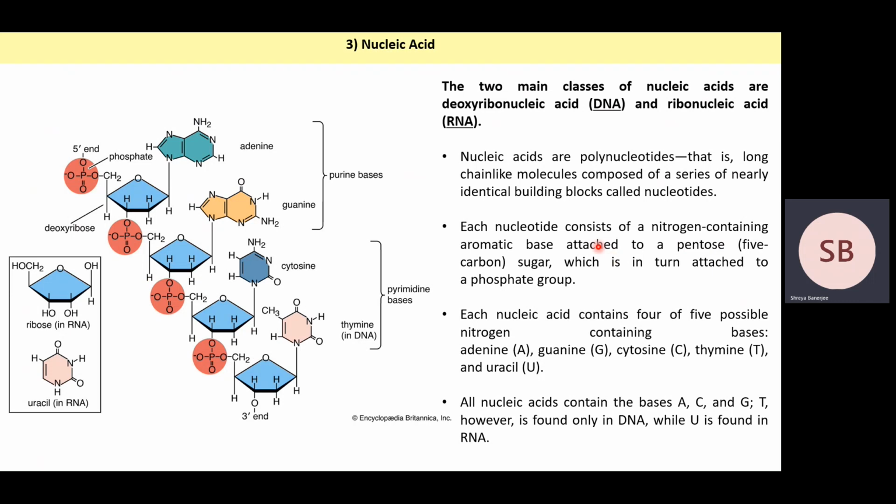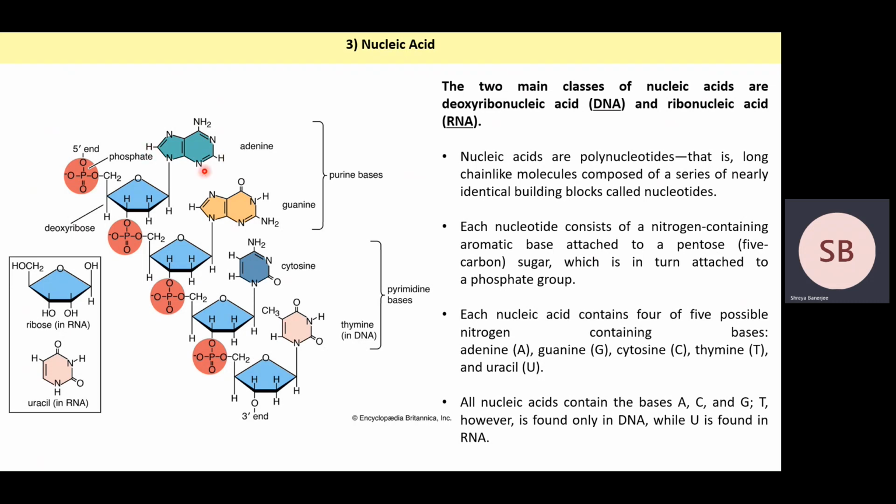Each nucleotide consists of a nitrogen-containing aromatic base. You can see there are 4 examples of the aromatic bases shown here: adenine and guanine, which consist of 2 fused rings, and cytosine and thymine, which consist of a single ring.